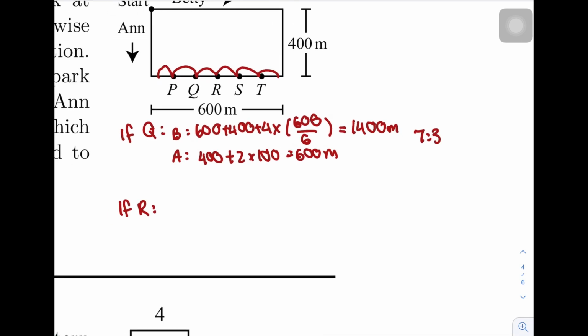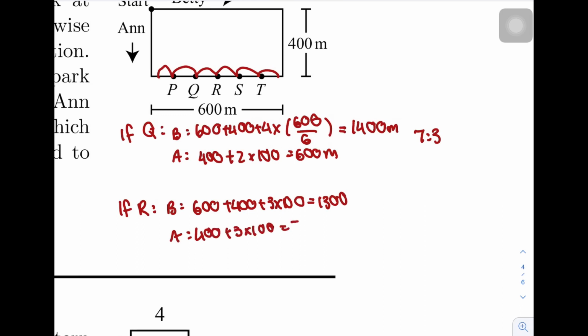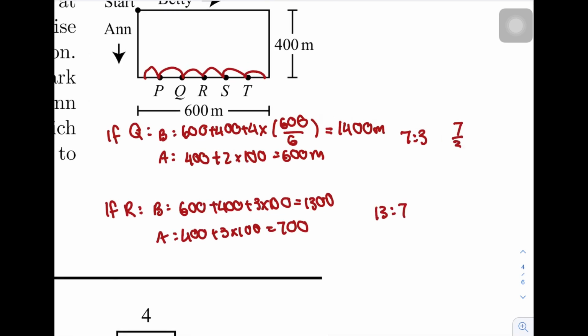In the case of R, Betty's distance would be 600 plus 400 plus 3 times 100, which equals 1,300. And Anne's would be 400 plus 3 times 100, giving me 700. This ratio would be 13 over 7. So 7 over 3 equals 2 and 1 over 3. And then 13 over 7 would give me 1 and 6 over 7.